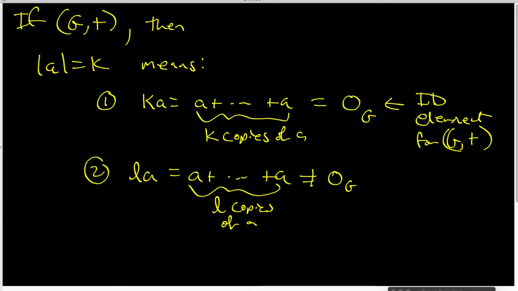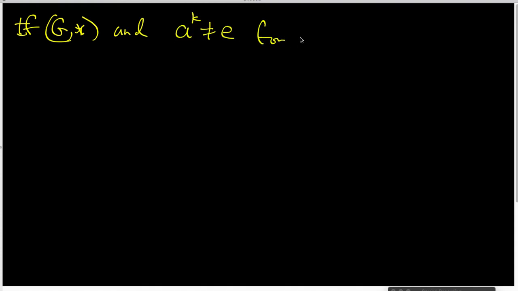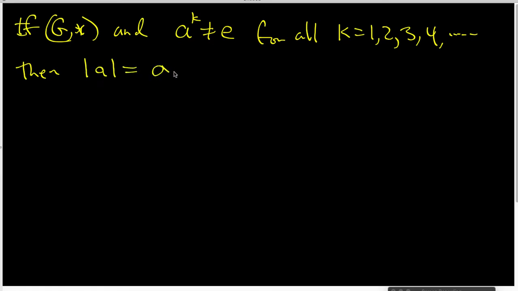There's another comment that I want to make before we start looking at examples. If we are in a multiplicative group and a to the k is never equal to e for all k's that are positive integers, then we are going to say that the order of a is infinite.